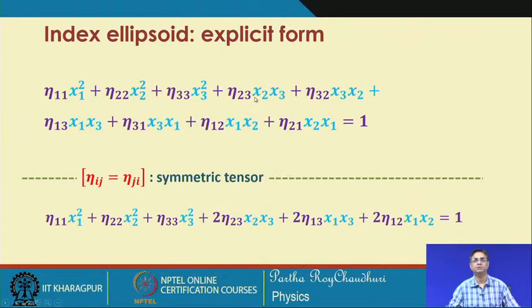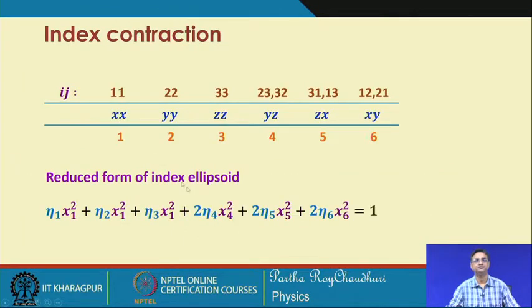So, these two, that is eta 2 3 and eta 3 2, will be put together with a 2, and similarly x_1 x_3 and x_3 x_1 will be put together because they are symmetric. So, that is again 2, and so on. So, you actually compress these 9 elements to 6 elements because of the symmetric nature, and that helps.